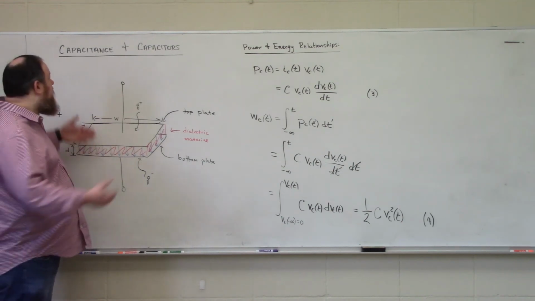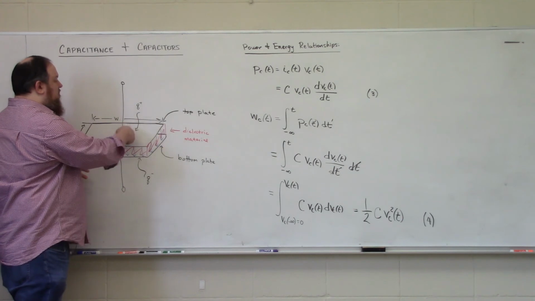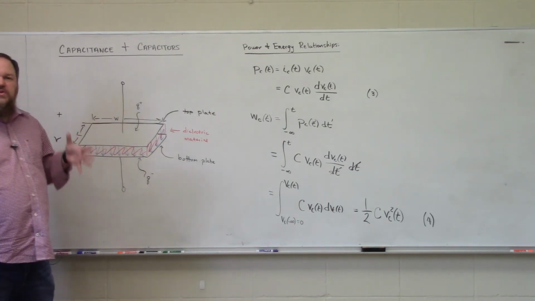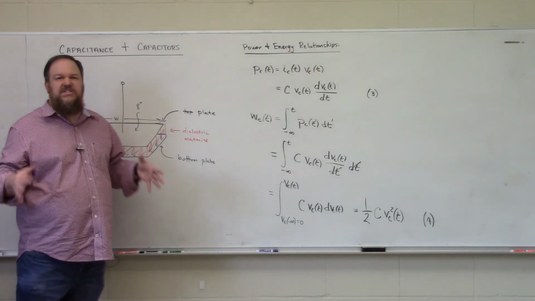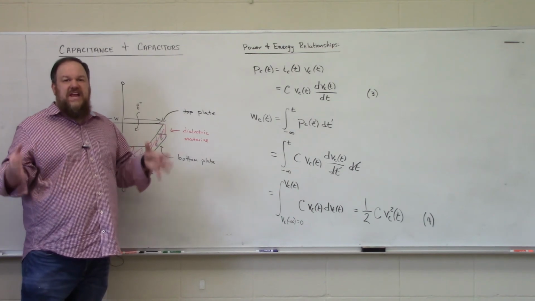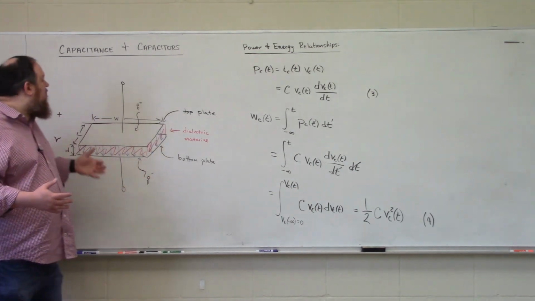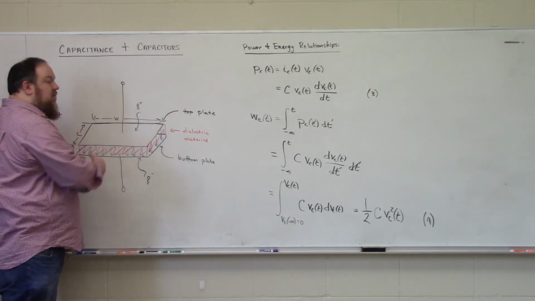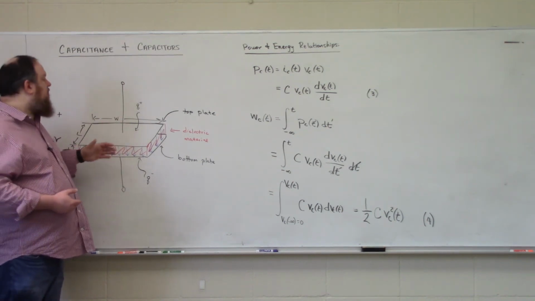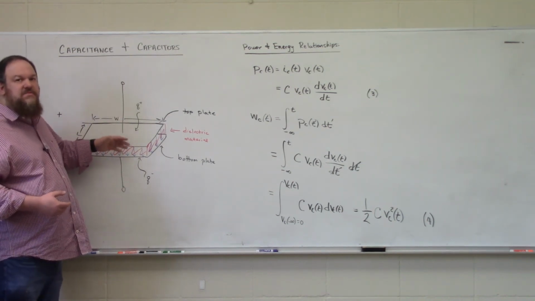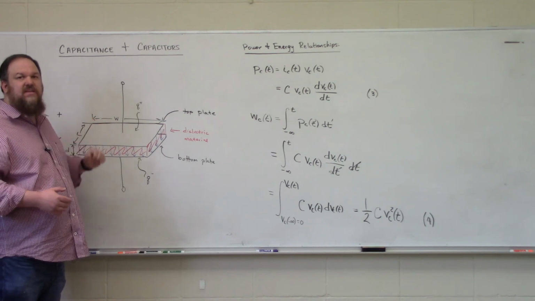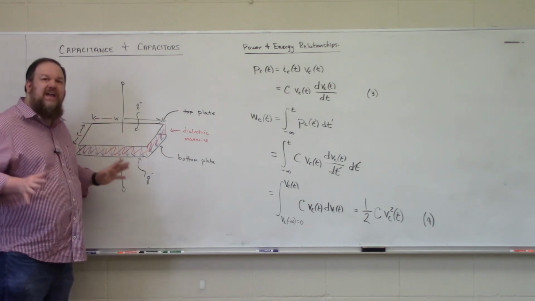meaning that it's requiring work to put charge onto this top plate, to force those positive charges to be next to each other and stable requires work. Well, we're putting work or energy into the system. When we let those positive charges move off of the plate, that's releasing energy back into the system.